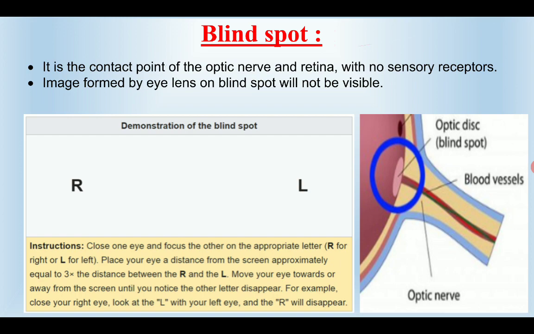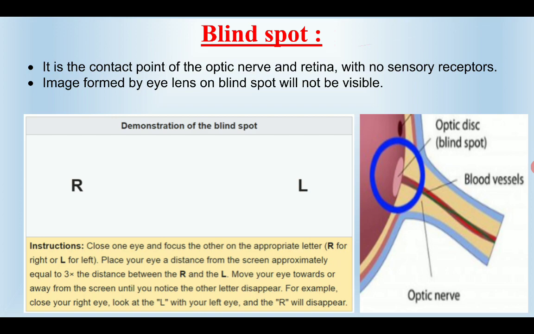Now for example, if you close your right eye and look at the L with your left eye, then in that case the R will disappear. So for this R to disappear, the image of this R is formed at the blind spot.